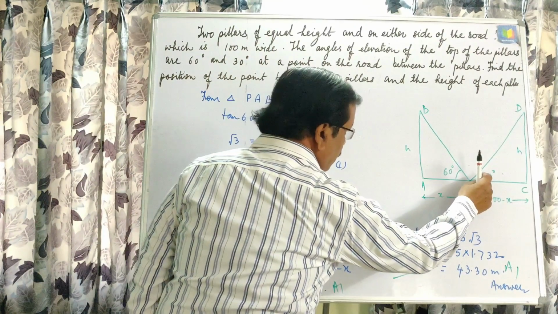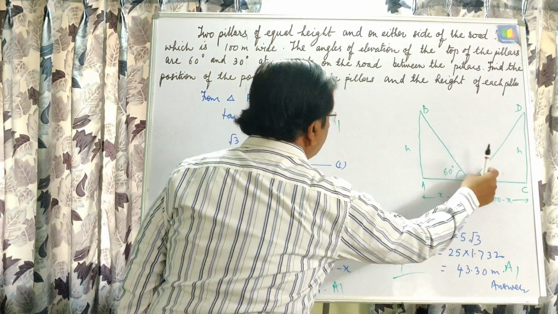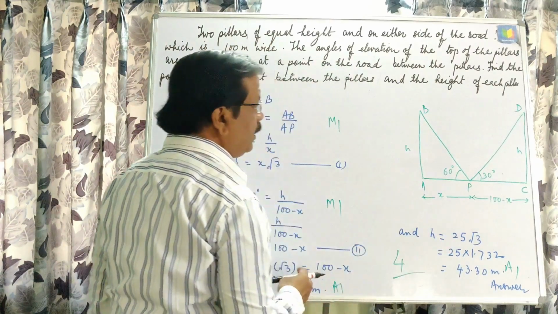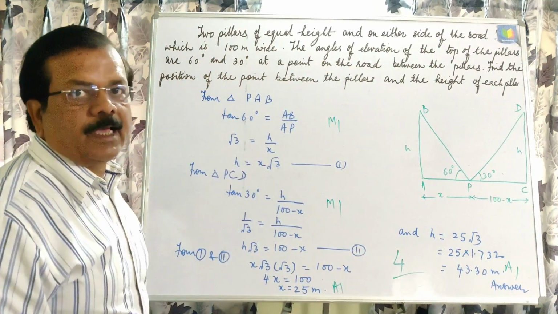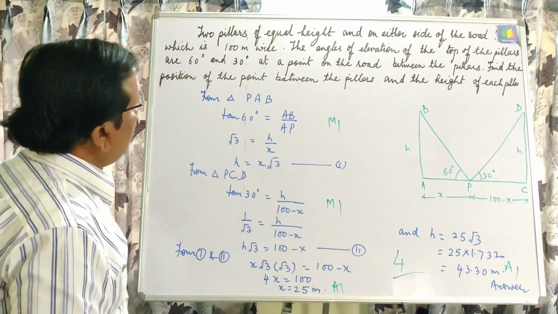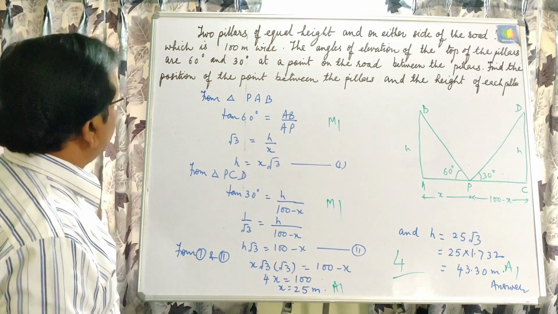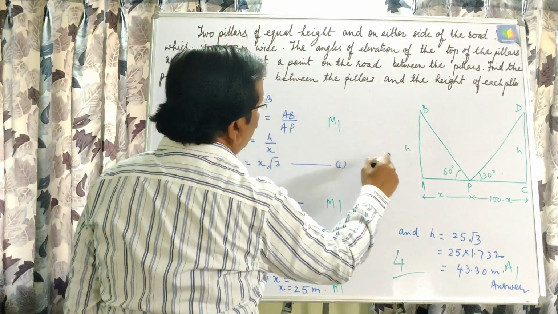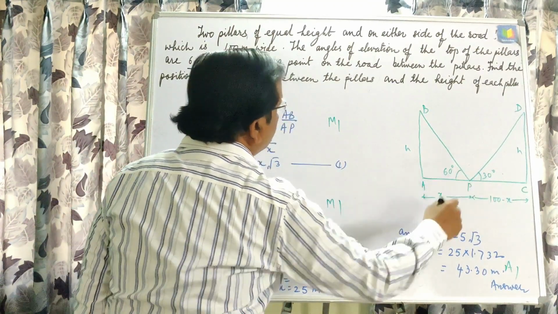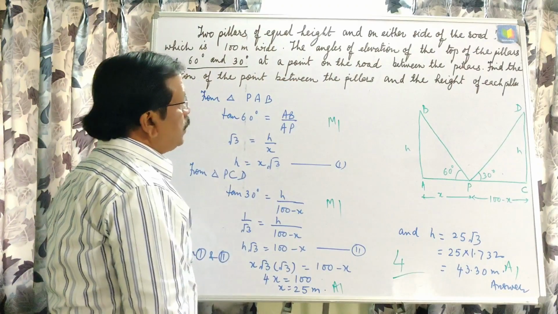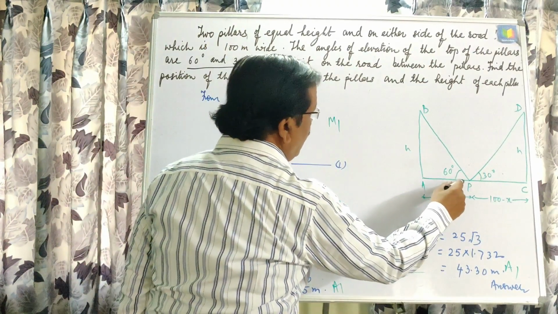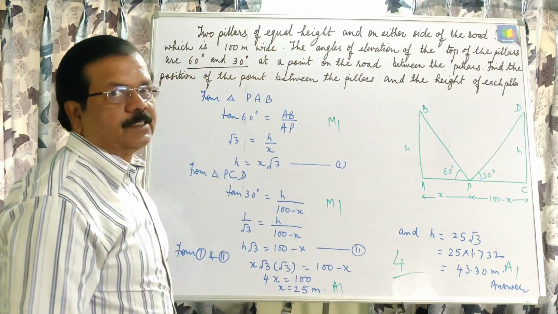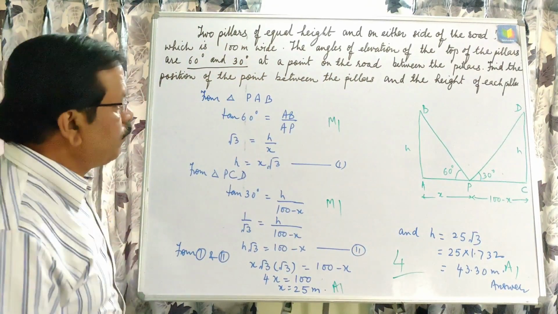If we observe from the midpoint, then these two angles will be the same, but we are not observing from the midpoint, and that is why the angles are different. The angles of elevation of the top of the pillars are 60 degree and 30 degree at a point on the road between the two pillars. Find the position of the point between the pillars and the height of each pillar. Obviously the height is the same, so we have to find only one height.